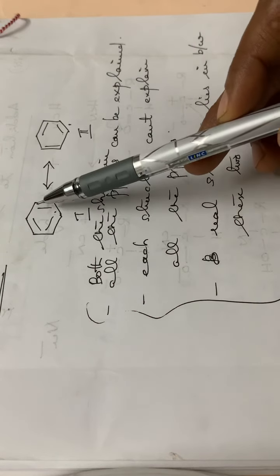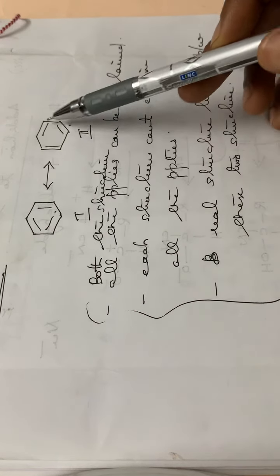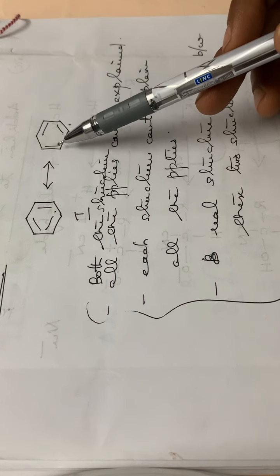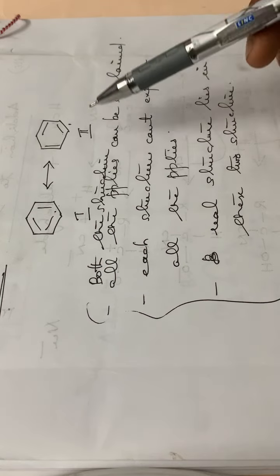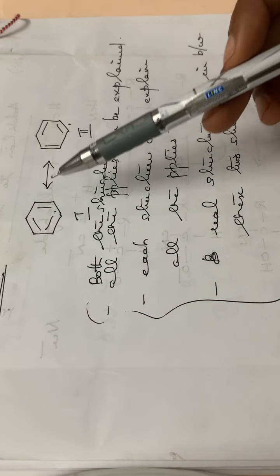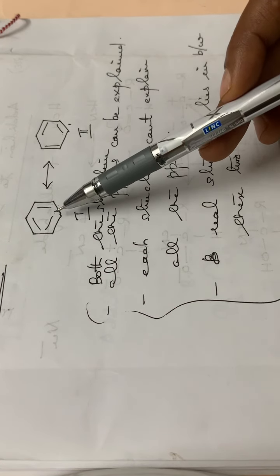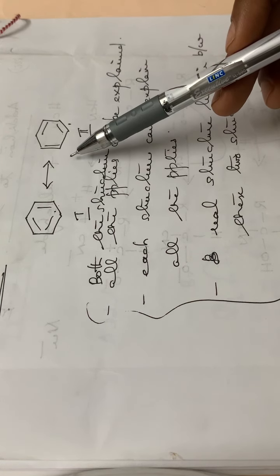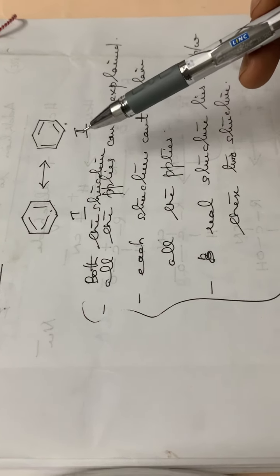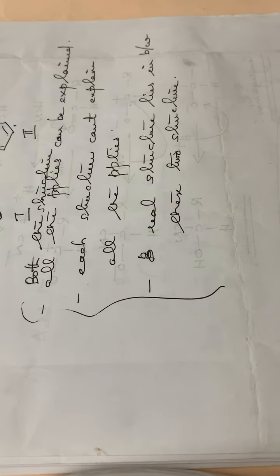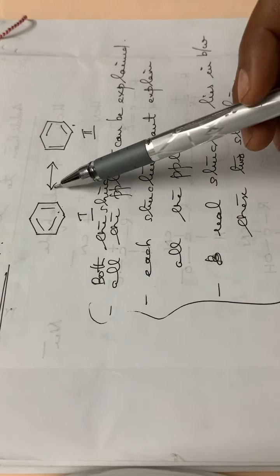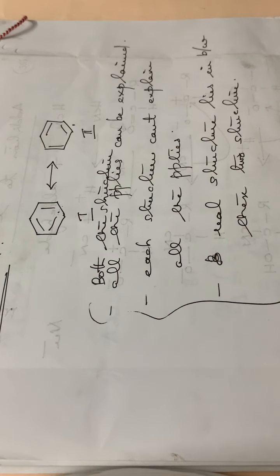Here the valency rules are satisfied, carbon is completely filled in both the cases, isn't it? Each structure is capable of explaining some of the properties, but none of them can explain all the properties. The real structure of the molecule will be lying in between these two structures. So this phenomenon is called mesomerism. And also in mesomerism, we will be using this double-headed arrow to represent the two structures.